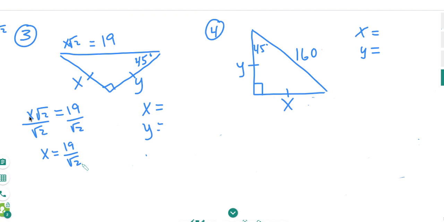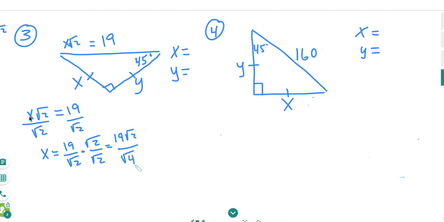Now, we're going to need to rationalize because we're not allowed to have a radical in the denominator. So when we rationalize, we're going to multiply the numerator and the denominator by the square root of 2. That's going to give us 19 square roots of 2 over the square root of 4.